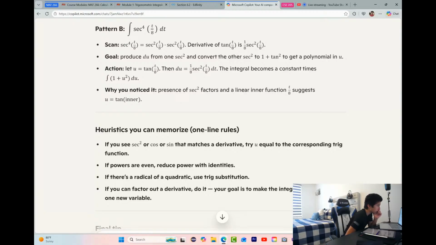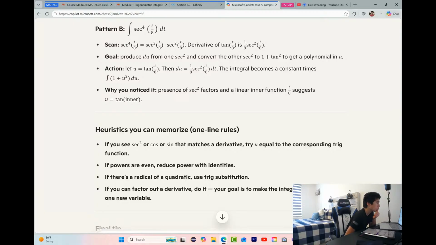Let's see, bro. So u equals, okay, well, first of all, what do I have? So I have secant squared of t over 8 times 1 plus tangent squared of t over 8. If I let u be tangent of t over 8, then du is going to be 1/8 times secant squared of t over 8.